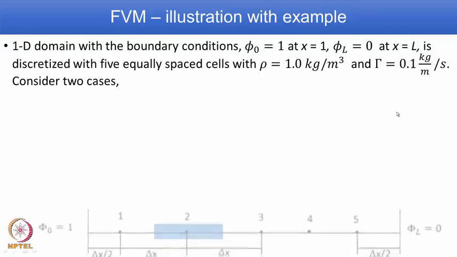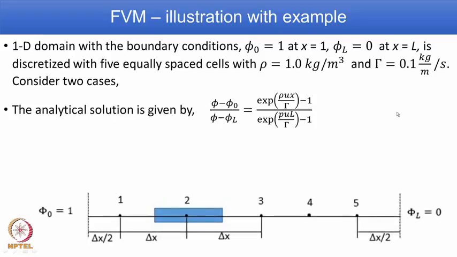Let us take two cases, and this is a domain. We discretize the domain with 5 equal nodal points 1, 2, 3, 4, 5 and they are equally spaced. So, you see delta x as a distance between node 1 and 2, same way the distance between node 2 and 3 and so on.